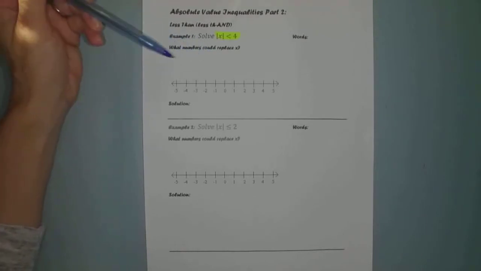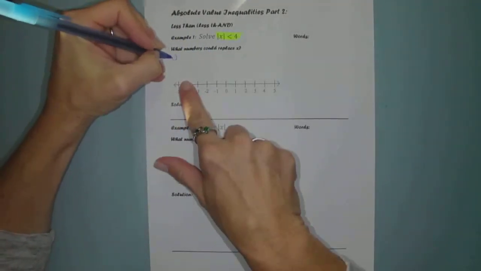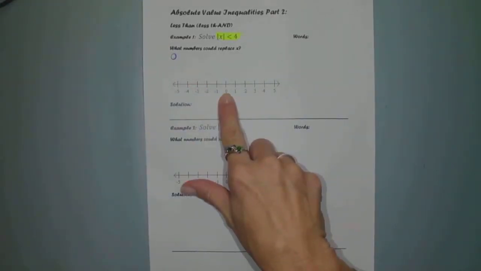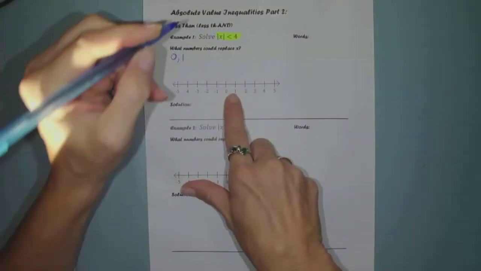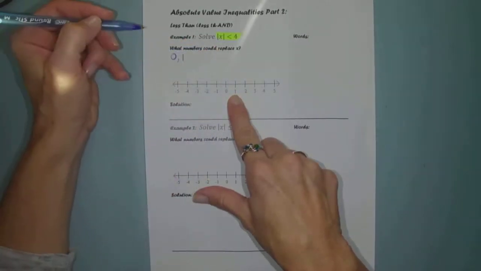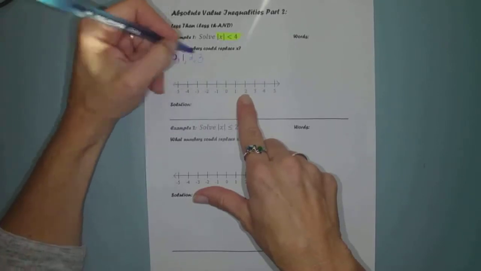So maybe we could list some out. For example, I think like 0. 0 right here is less than 4 units away from itself on the number line. How about 1? The number 1, that's only a distance of 1 away. So that's less than 4 away from 0. 2, 3.